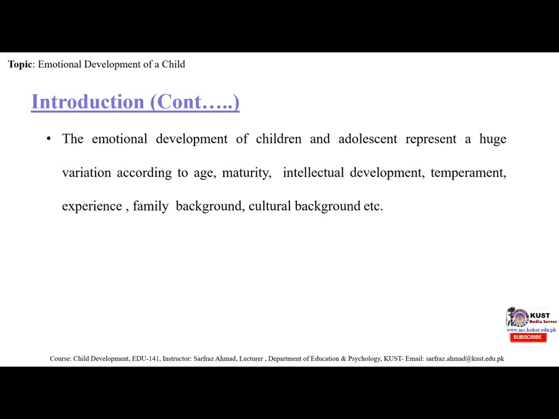Where the emotional development of the child is concerned, it has a huge variation according to age, maturity, intellectual development, temperament, experience, family background, and cultural background.